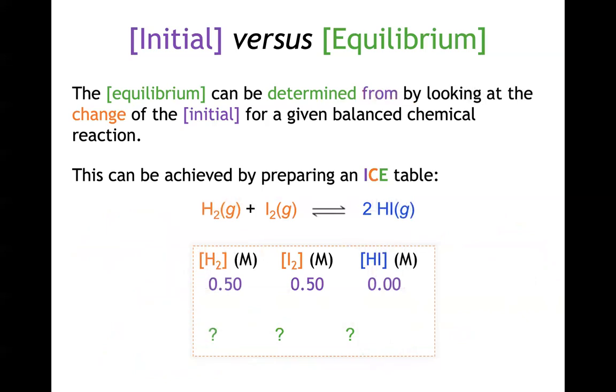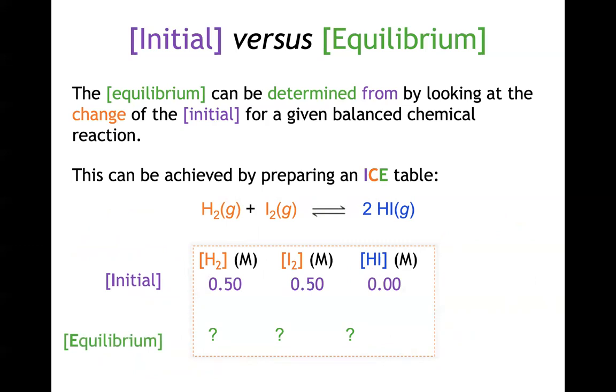If we're calculating Q, yes, we can use initial concentrations, but if we're calculating K, we need them at equilibrium. Okay, so suppose we don't know the concentrations of any at equilibrium. We only know the initial concentration. So an ICE table is basically initial, right? The initial concentration, there's no product, but we know the concentration of the reactants that we added. And at equilibrium is what we are going to try to figure out.